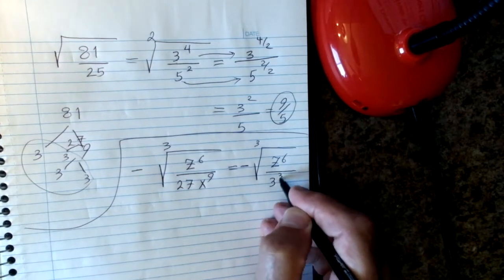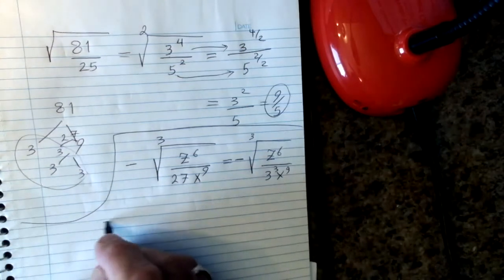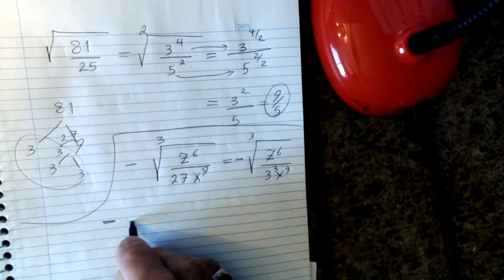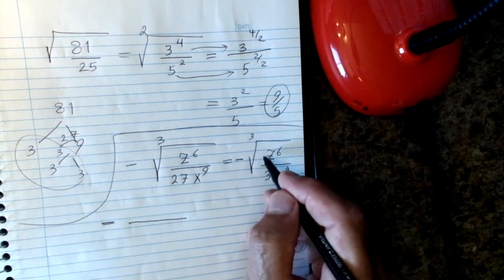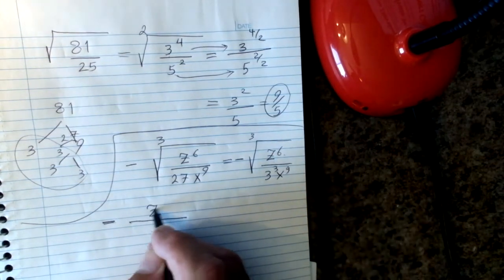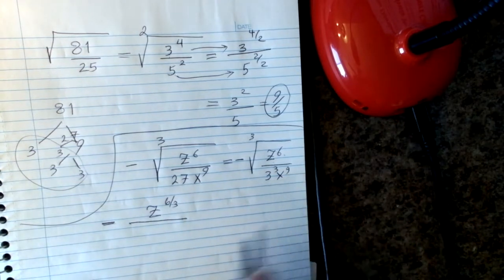27 is 3 to the power of 3, x to the power of 9. Okay. One by one. z to the 6 comes out, is at the numerator, you write it as that. 3 to the power of 3 is at the denominator.